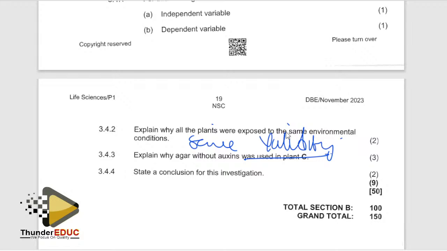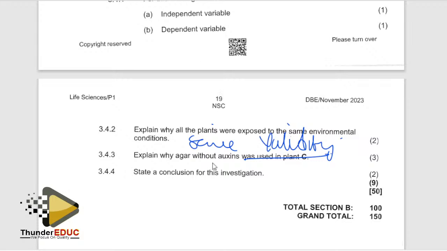Imagine some people write with the books open, and others write without books. Don't you see that it won't be valid? Why? Because you are not exposed to the same environmental condition. So everyone must be monitored, so that you write in the same standard environment, so that we know that the results you get are valid.